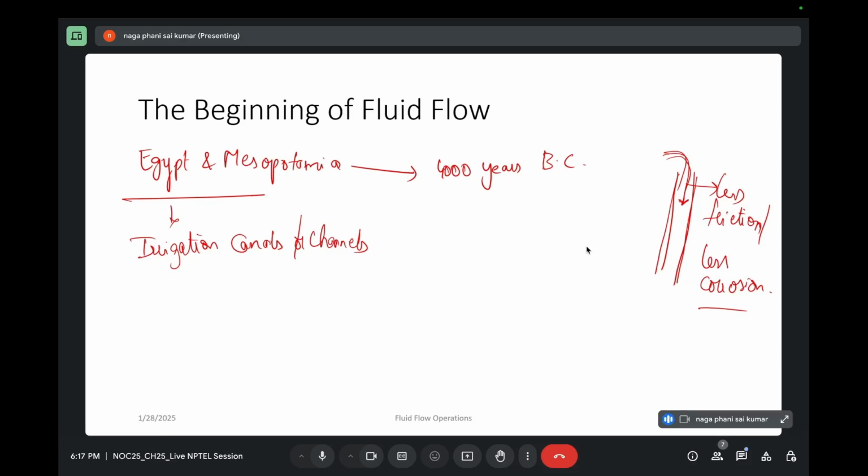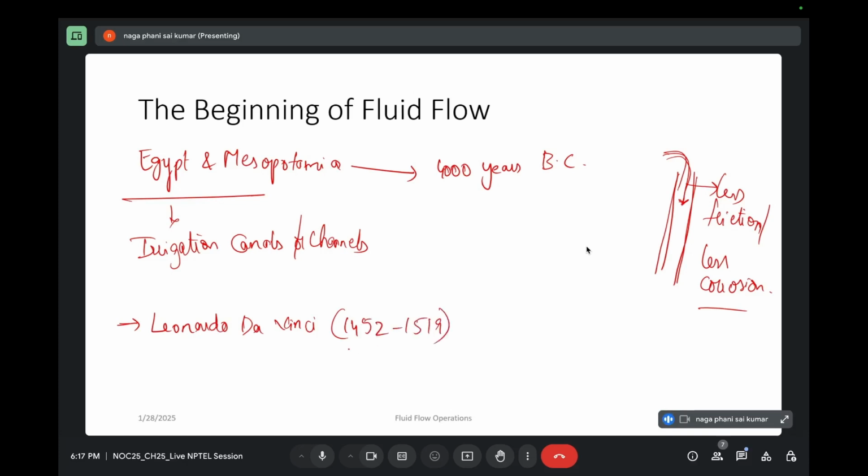And after this, you must have heard of Leonardo da Vinci, right? Leonardo da Vinci used to write everything. In his notes, this goes back all the way to 1452 to 1519.